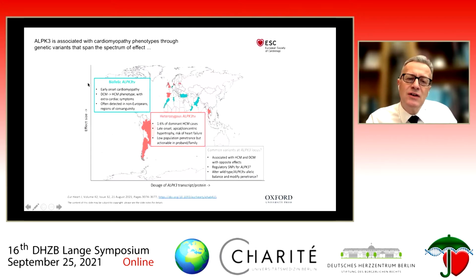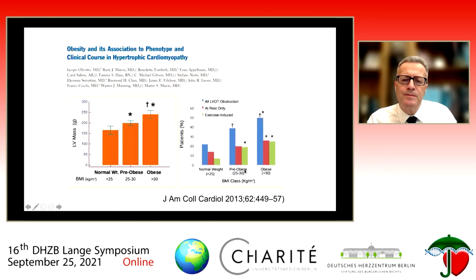And indeed is described as a recessive disease in children, where it's associated with a severe early onset cardiomyopathy and skeletal myopathy. So we see this spectrum of disease caused by variants within the same gene, ranging from the rare homozygous disease, if you will, to common variants that predispose.